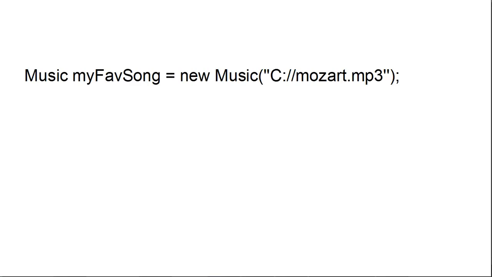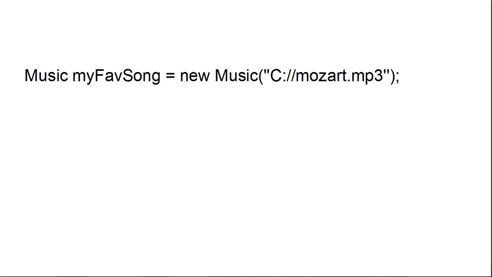Now if we have a variable of int, does it mean we can have one of the type of an image, or let's say music? Yes. We call these objects because we call numbers and booleans primitive types. If you wanted to create an object out of your music file on your hard disk or phone, you would write something like Music myFabSong equals new Music, and in apostrophes C:Mozart.mp3.